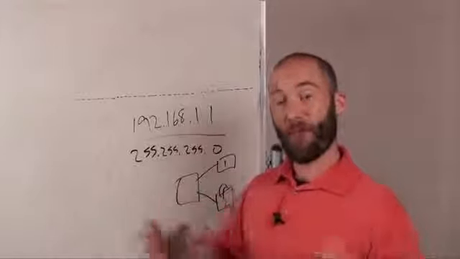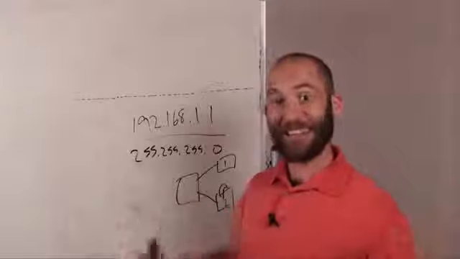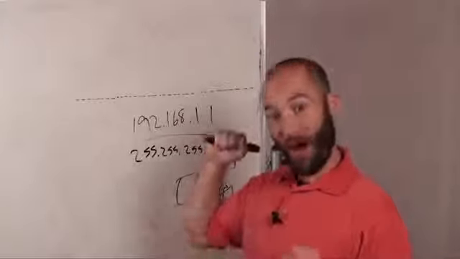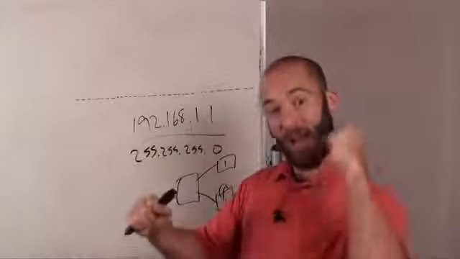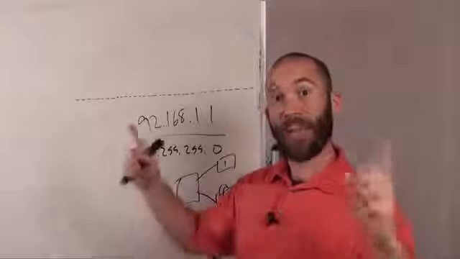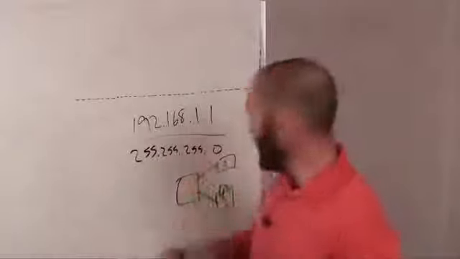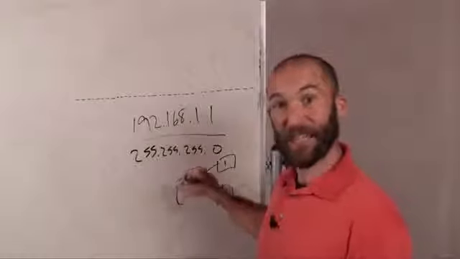So remember, routers connect different subnets. If you have a computer on one network and a printer on a different network, they need a router to communicate, even if they're plugged in physically to the same switch.